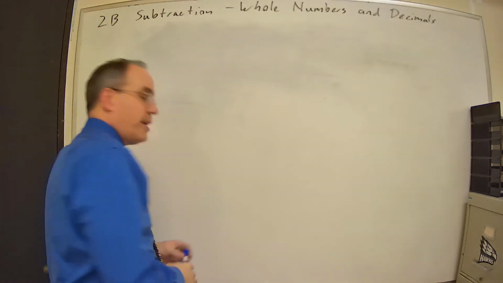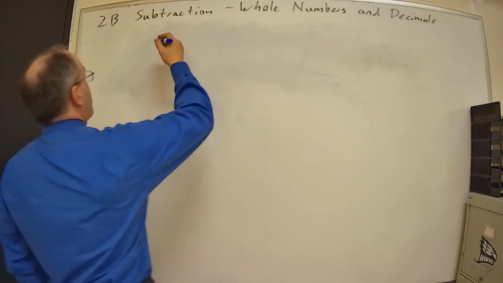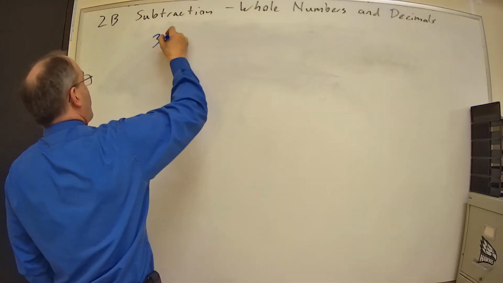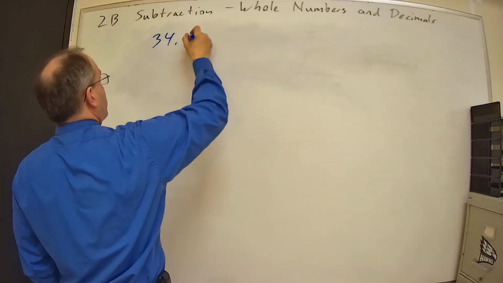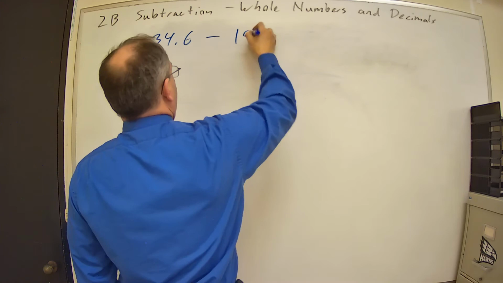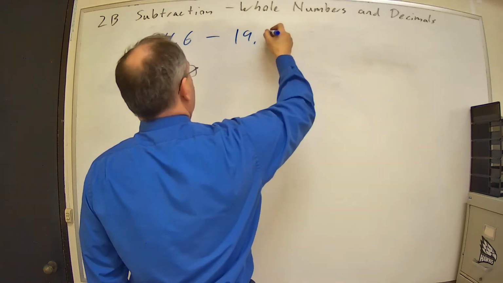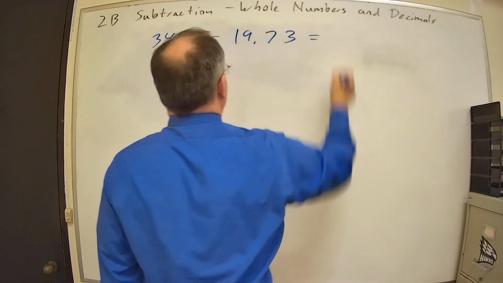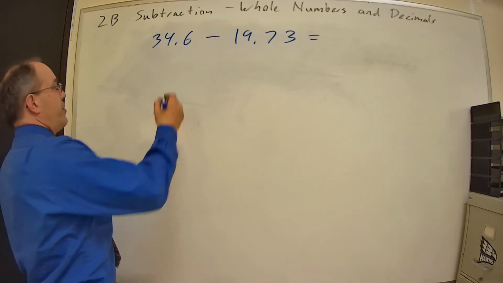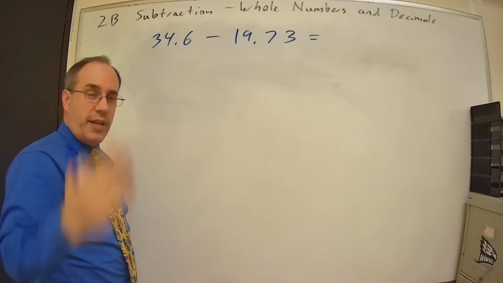And this is just like an example that I did for addition. What if I have 34.6 minus 19.73? Again, line up the place values.